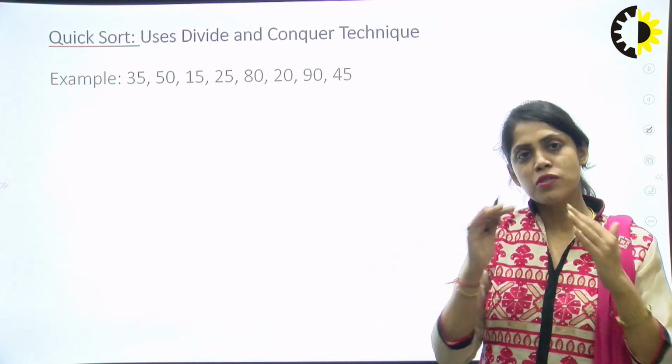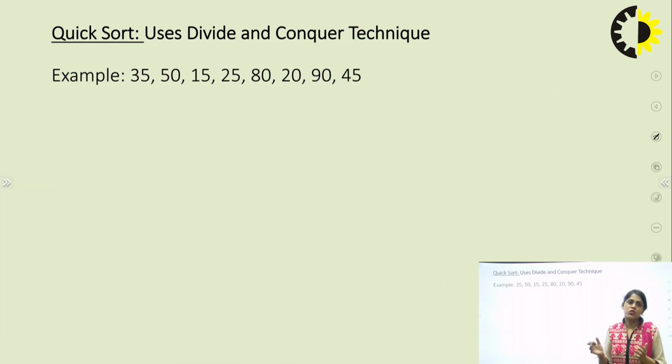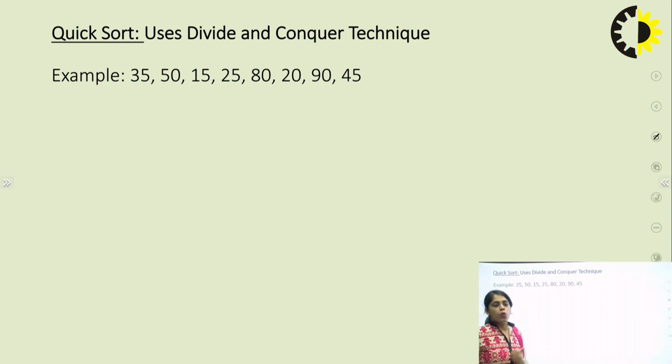And finally, after division, at the end, we will start combining them, which is known as conquer. So I'm going to explain this quick sort with the help of an example. After that, we will talk about the pseudocode or algorithm for this technique, and the advantages and disadvantages of using this sorting method.